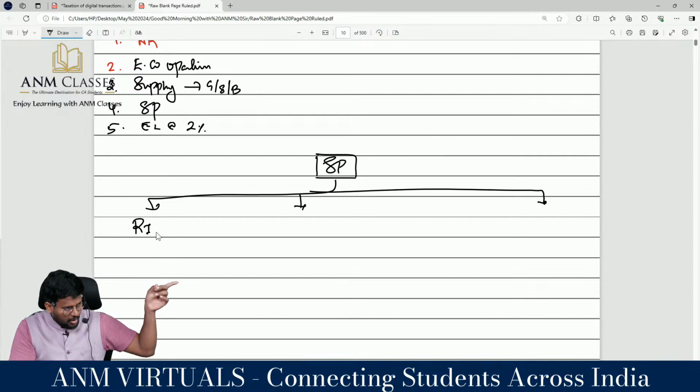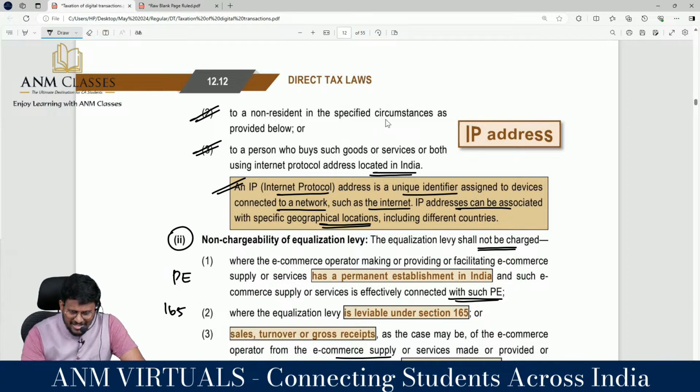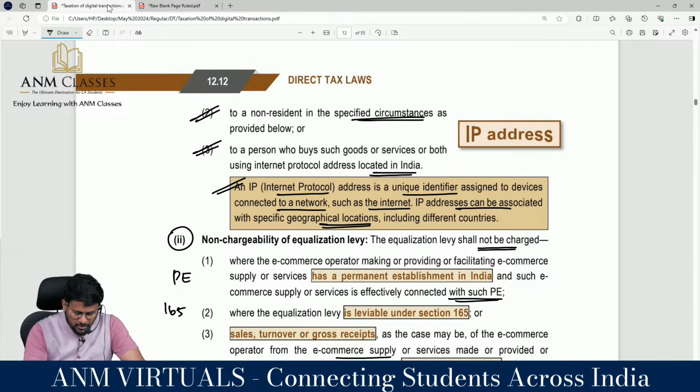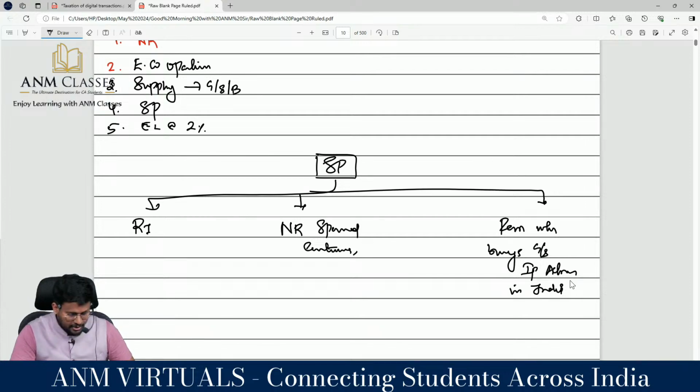Number 2, a non-resident in the specified circumstances as provided below. And the third one, a person who buys goods or services using an IP address in India. Clarity?